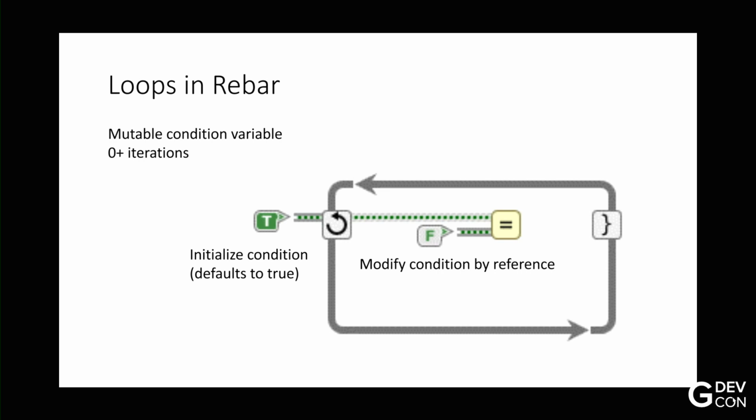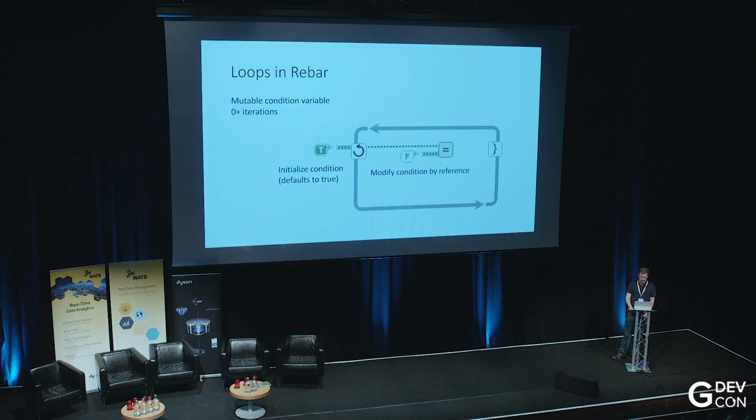Rebar only has one kind of loop, and it combines some aspects of both of these. So first of all, to control a loop in Rebar, there's a condition variable, and the variable is identified by the arrow node at the left. It can be initialized. It defaults to true because generally you want to run the loop at least once.